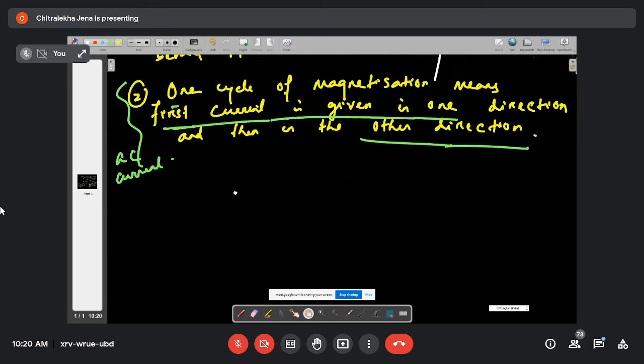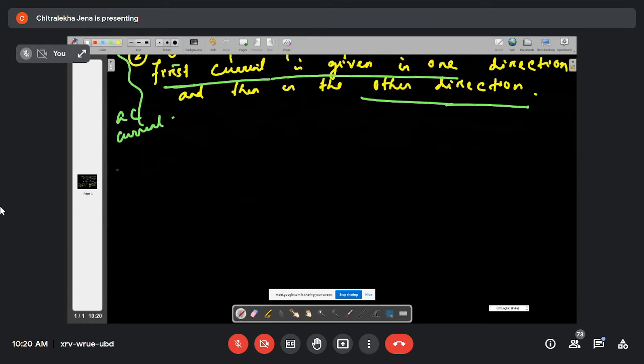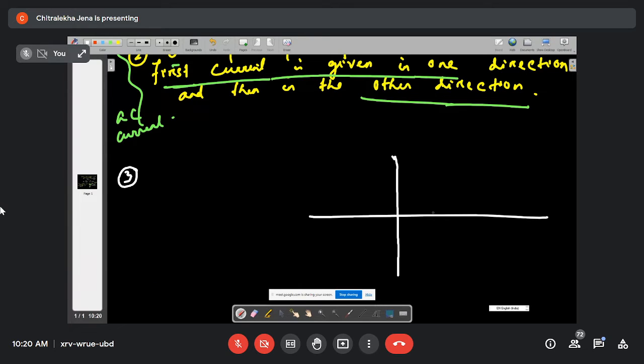Now coming to the third point. We will see what happens when a magnetic material is subjected to one cycle of magnetization. Here I will draw the curve. You draw it first, then I will explain.